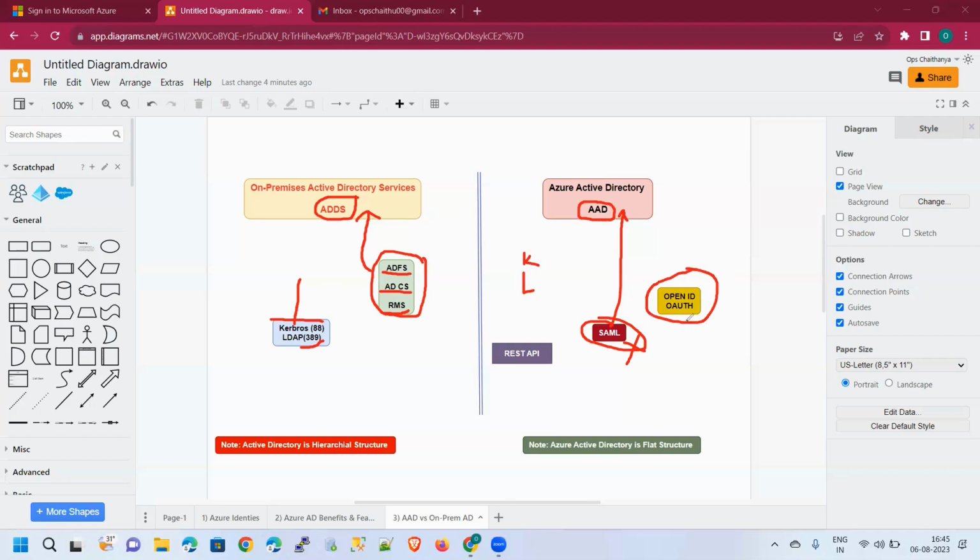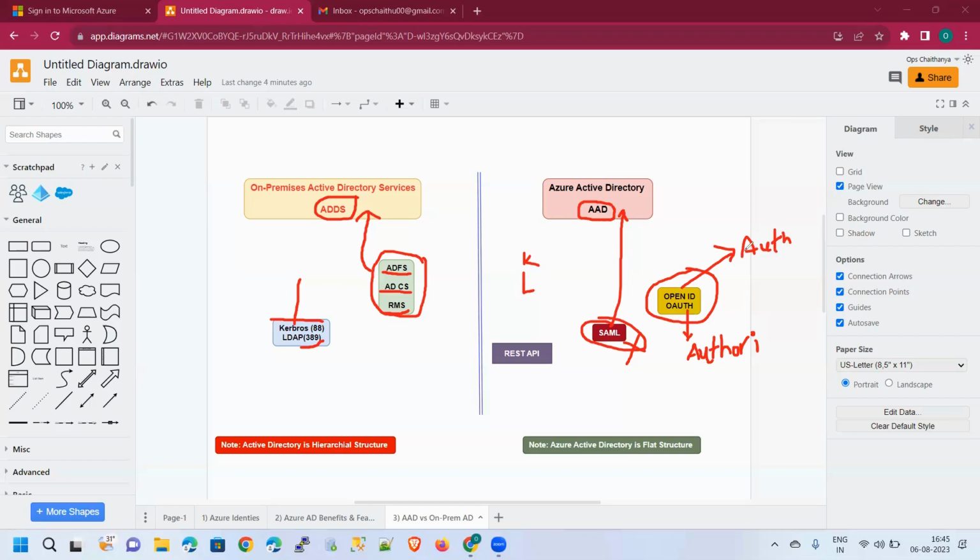You might be thinking OAuth is for authentication, but no, OAuth is generally used for authorization. When it comes to OpenID, that is used for authentication.